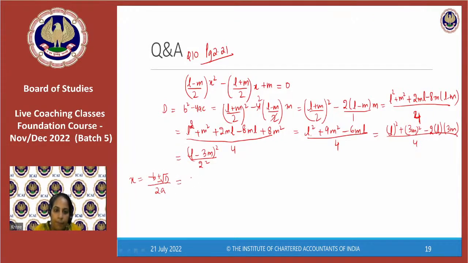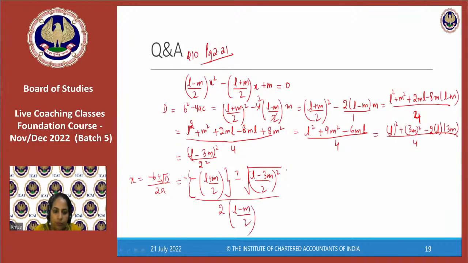So it is minus b, minus of (L plus M)/2, plus or minus square root of ((L minus 3M)/2) whole square, by 2 into (L minus M)/2. So minus of minus makes it cancel: (L plus M)/2 plus or minus (L minus 3M)/2, whole upon 2 into (L minus M)/2. 2 and 2 cancel out.